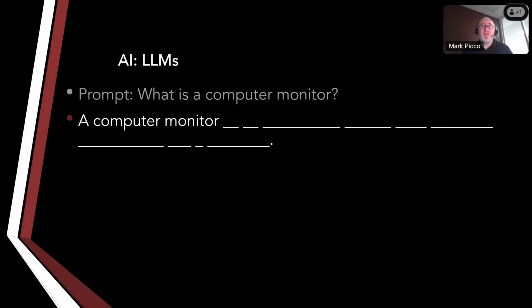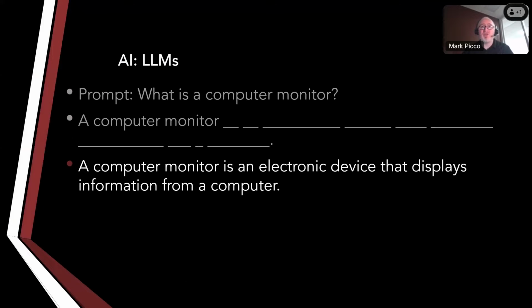A computer monitor, blah, blah, blah, blah, blah, blah, blah. And you can probably use your own reasoning to guess what those words are that are in those blanks, even though you don't know how I would define a computer monitor. Personally, when I went to define it, I defined it as an electronic device that displays information from a computer, which seems like a completely normal definition of what a computer monitor is.